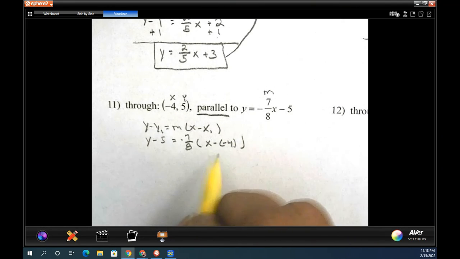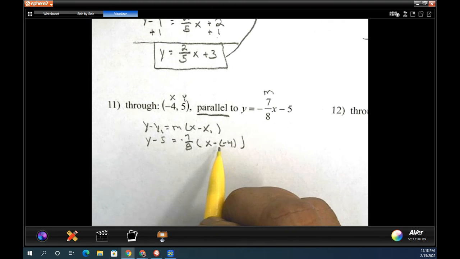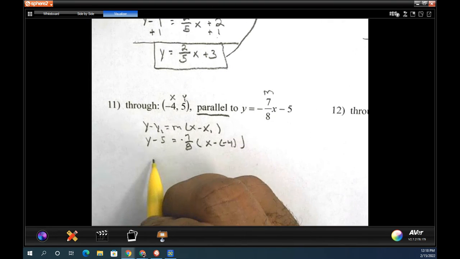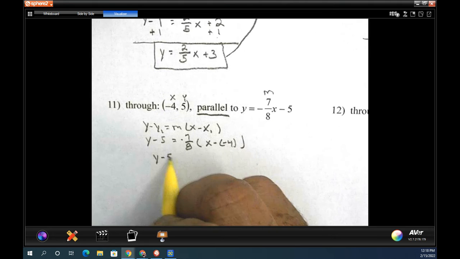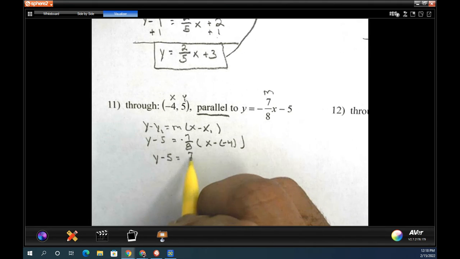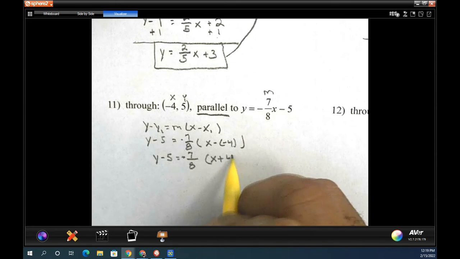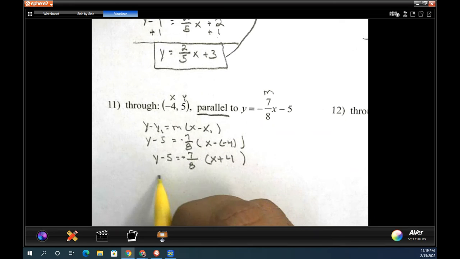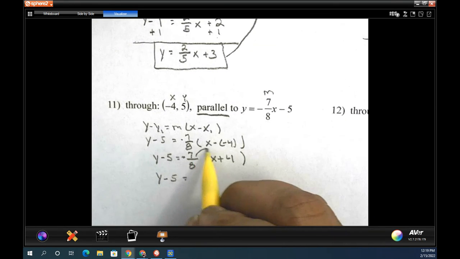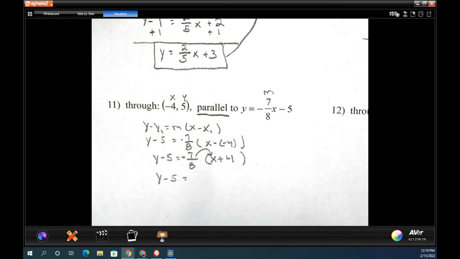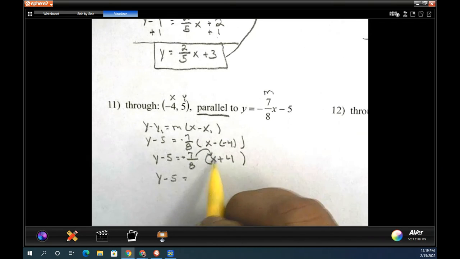Do not try to distribute with a double sign. It'll mess you up. I said it last week. That'd be y minus 5 is equal to -7/8 times x plus 4. All right, rewrite the left side. We're going to distribute. -7/8 times x is -7/8 x.